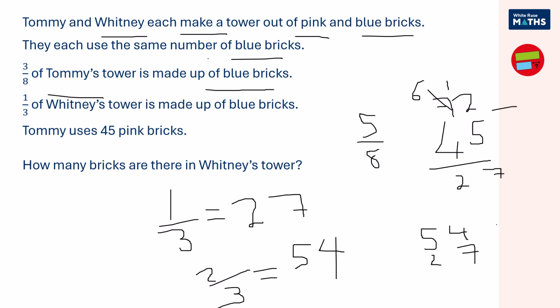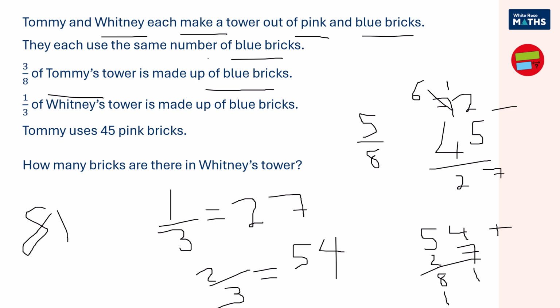Working from right to left. 4 plus 7 makes 11. So 1, carry the 1. 5 plus 2 is 7. Plus the 1 is going to be 8. So Whitney has 81 bricks in her tower. I hope that makes sense. Sorry if I'm going a bit quick there. But obviously rewind if you need to watch any bits again.